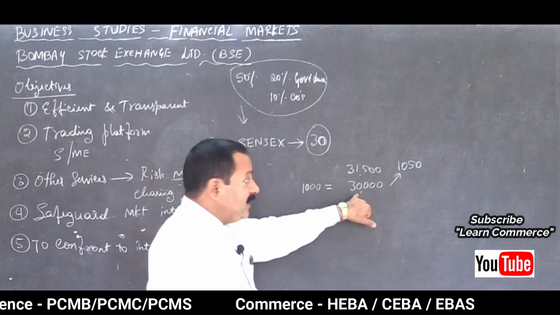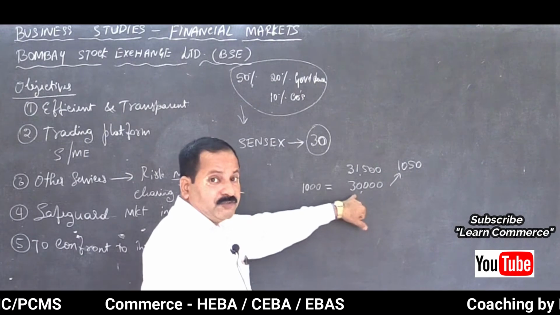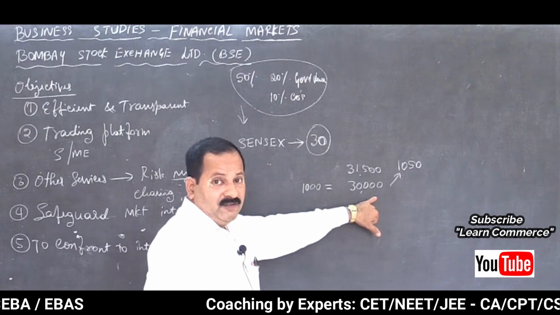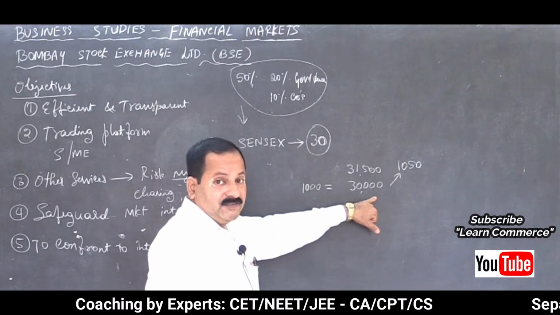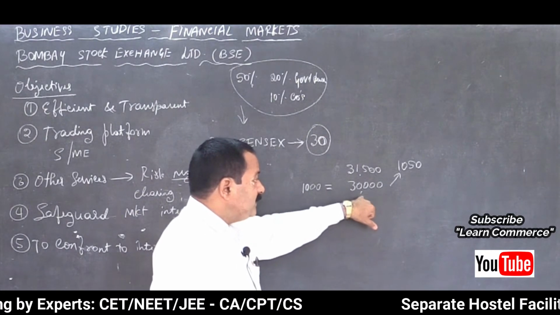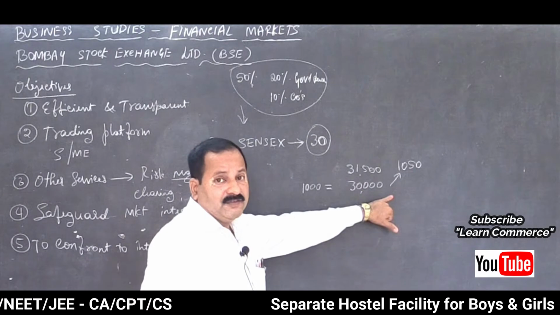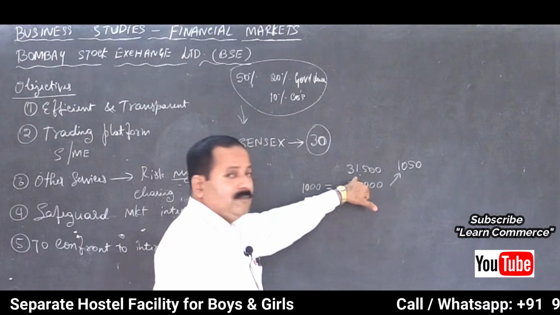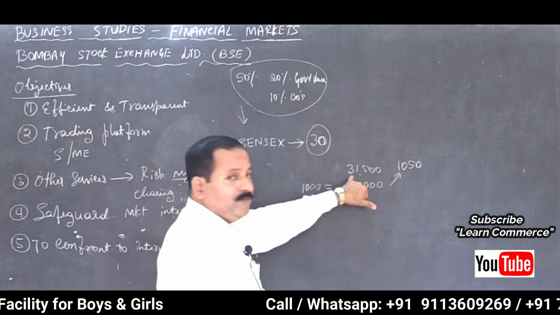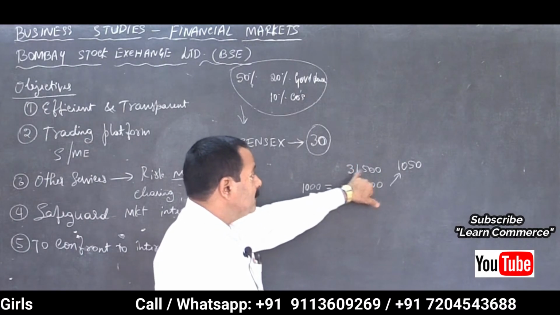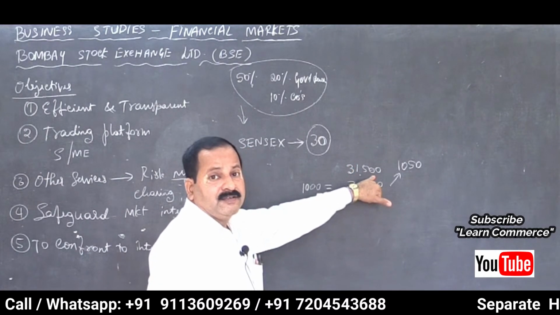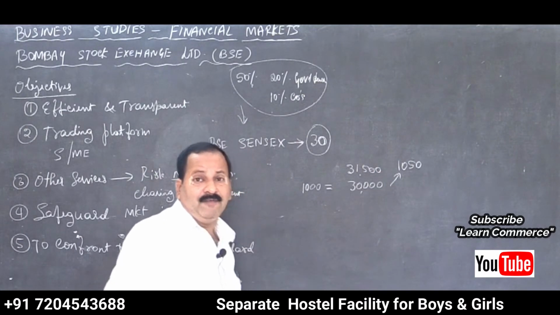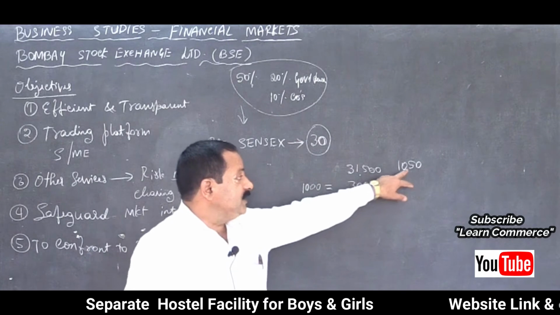How is it? The 30 companies' total share price is 30,000. We divide it by 30, the average will be 1000, isn't it? That is the quote. Then on the next day, the total share price of these 30 companies has reached 31,500. Now divided by 30, you will get 1050 as the average. So there is an increase in the Sensex.